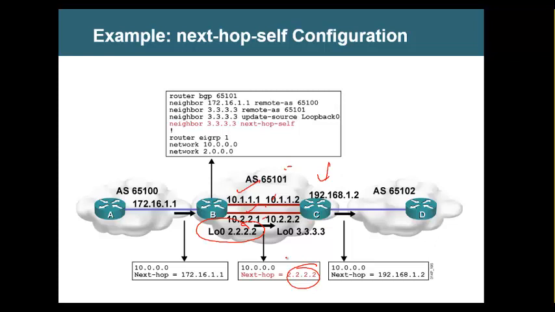If the egress interface address of B is the peering address of C, then it is okay. But when C peers with B using 2.2.2.2, this next-hop-self command will put 2.2.2.2 as the next hop, not the physical interface address.